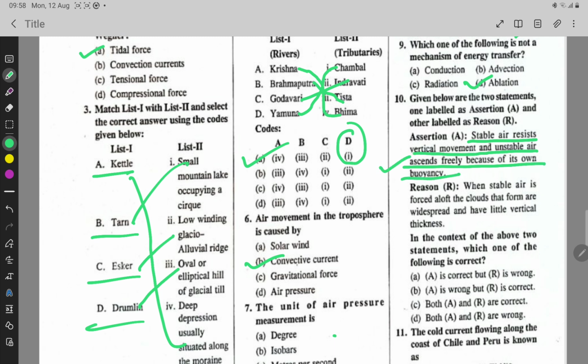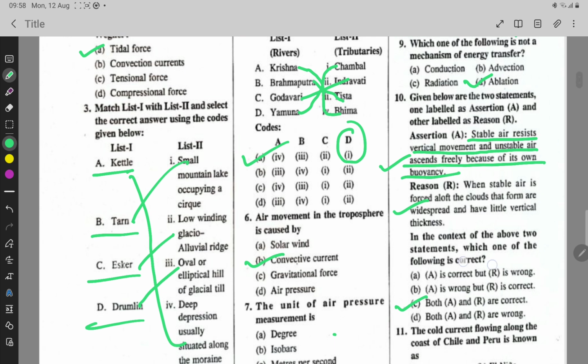This statement is correct. When stable air is forced aloft, the clouds that form are widespread and have little vertical thickness. This statement is also correct. So C is the correct answer.